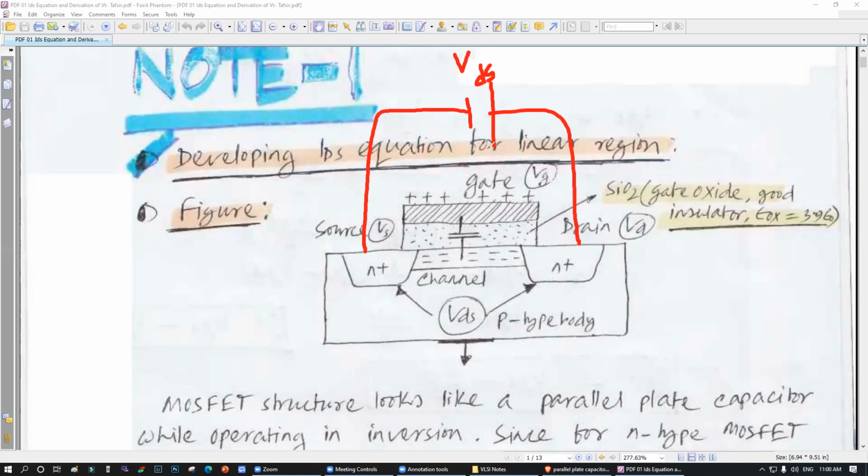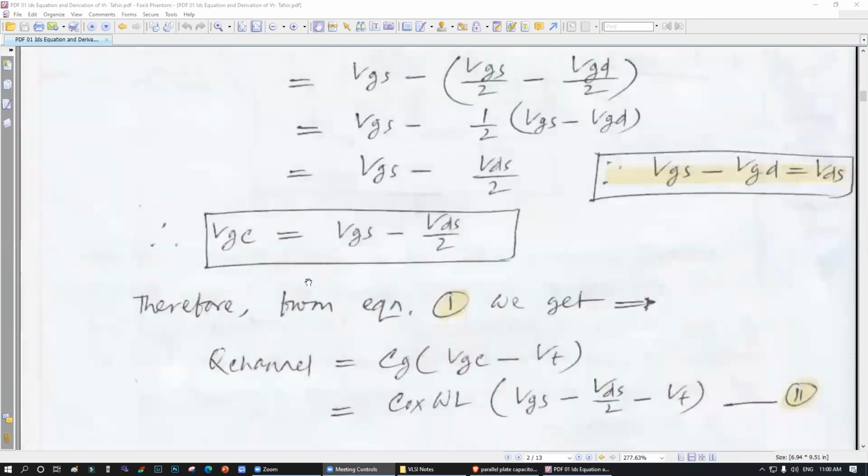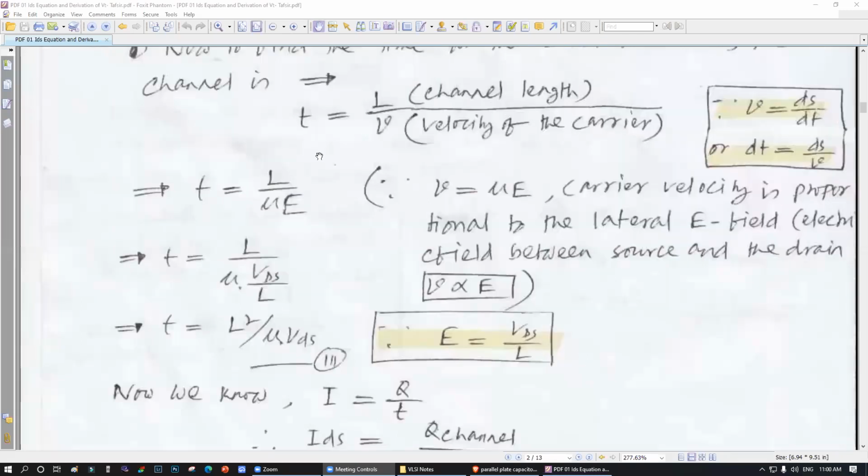If the charge or if the battery is low or too weak, the electron will go very slowly. That means the velocity of the electron depends on this field, depends on this voltage. Because the voltage created the electric field, your V is equal to mu E.